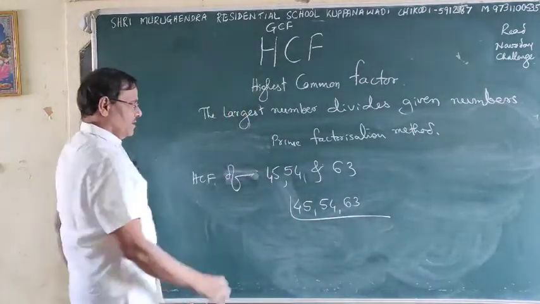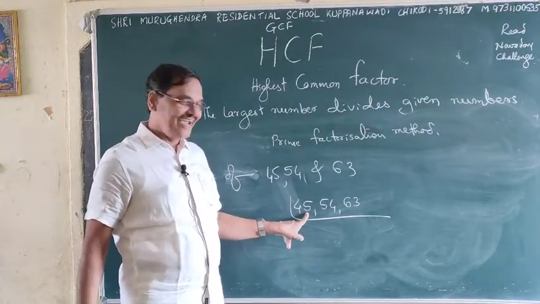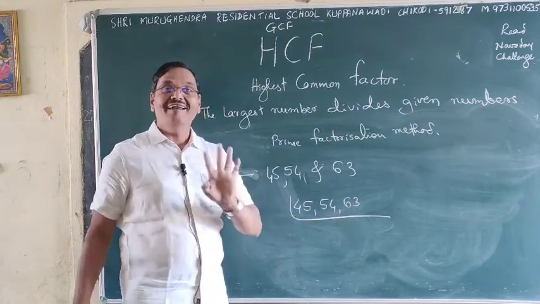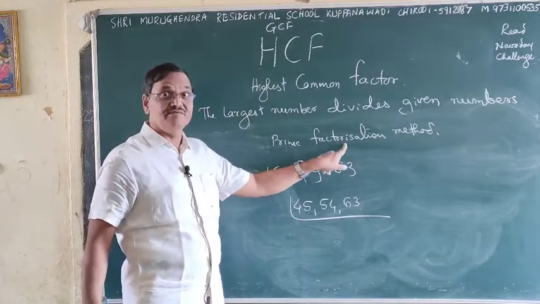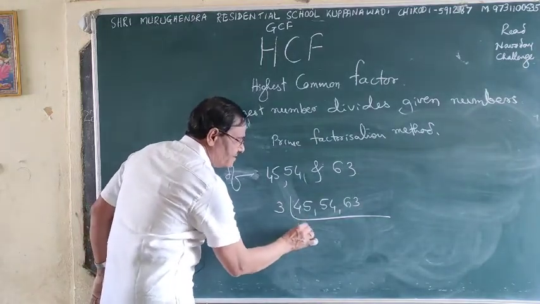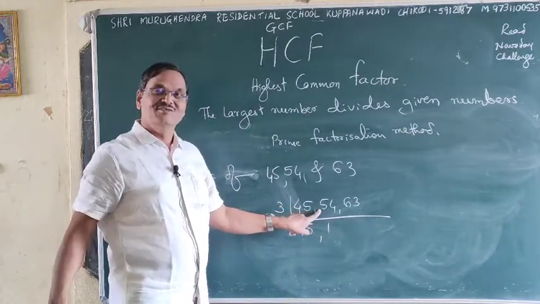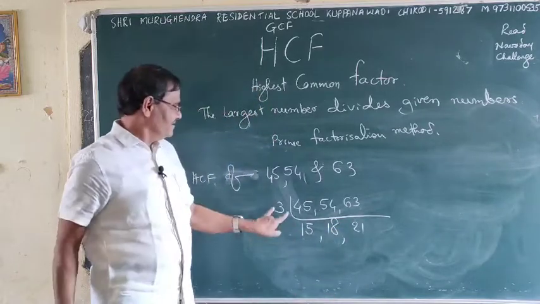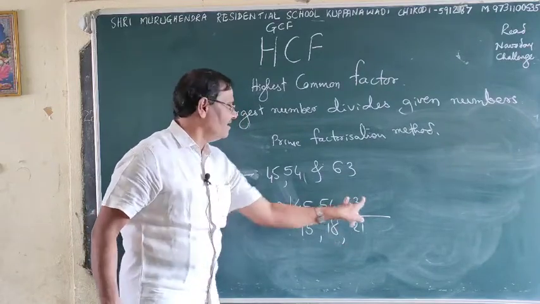See, 4 plus 5 is 9, 5 plus 4 is 9, 6 plus 3 is 9, they are all in the 9 table. So in the prime factorization method, they are all in the 3 table. 3 15s are 45, 3 5s are 15, 3 1s are 3. 3 18s are 54, 3 21s are 63.